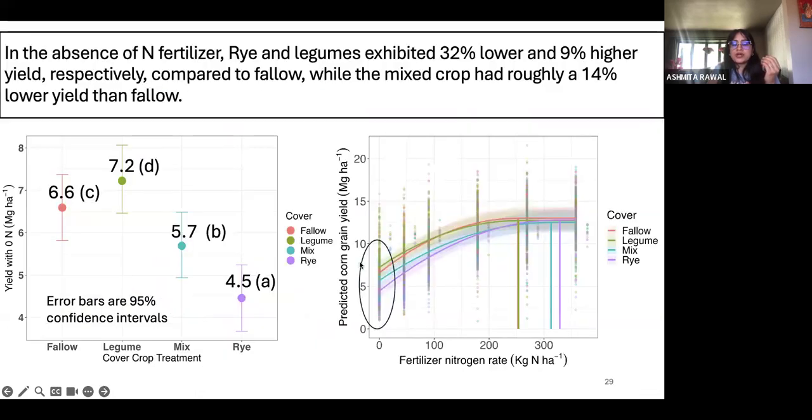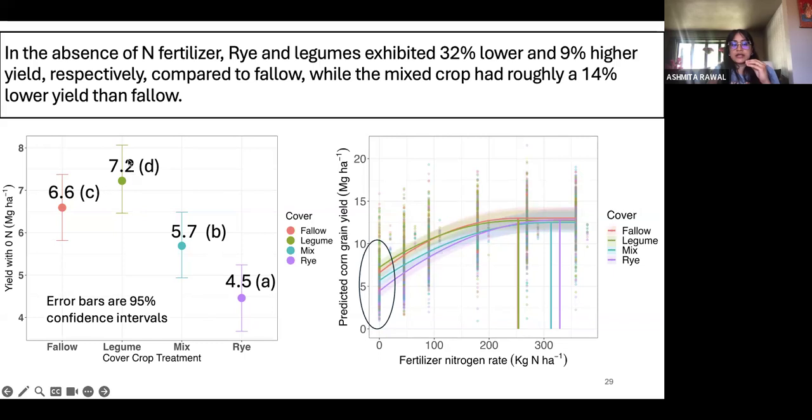Under no fertilizer application, so these are the yields at zero nitrogen fertilizer application, we saw that legume had the highest yield, rye had the lowest, and mixture was intermediate between legume and rye.